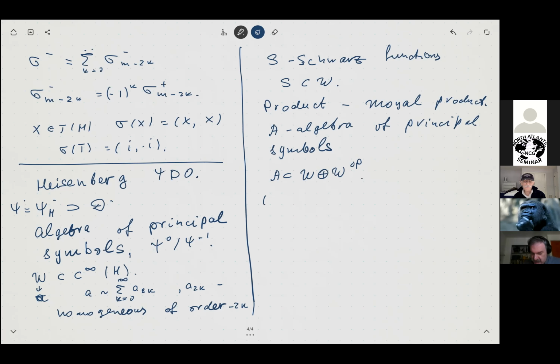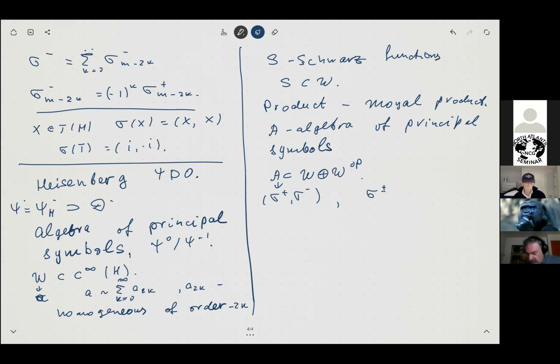So it consists of sigma plus, sigma minus, where first of all, unlike the case of differential operators, sigma plus, sigma minus are no longer polynomials. The elements of the larger Weyl algebra of just smooth functions, and this compatibility condition on the components is replaced by only compatibility at infinity.